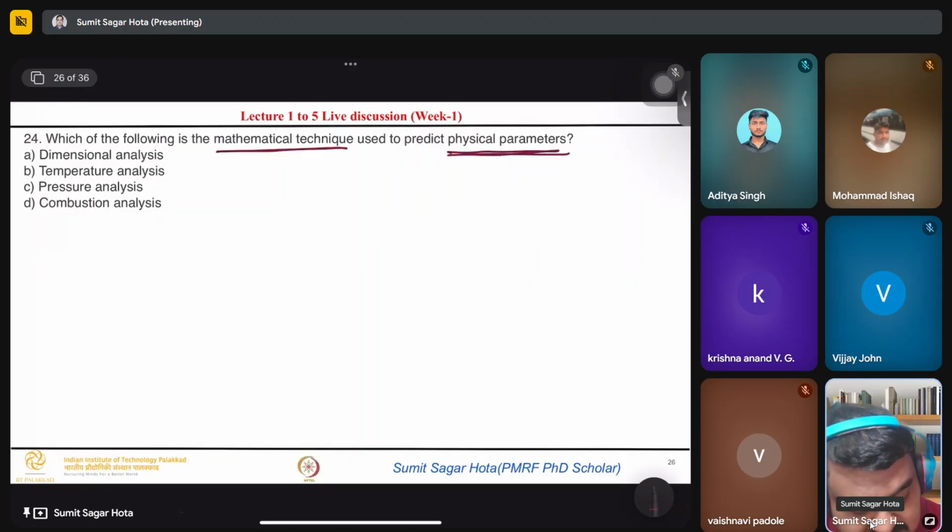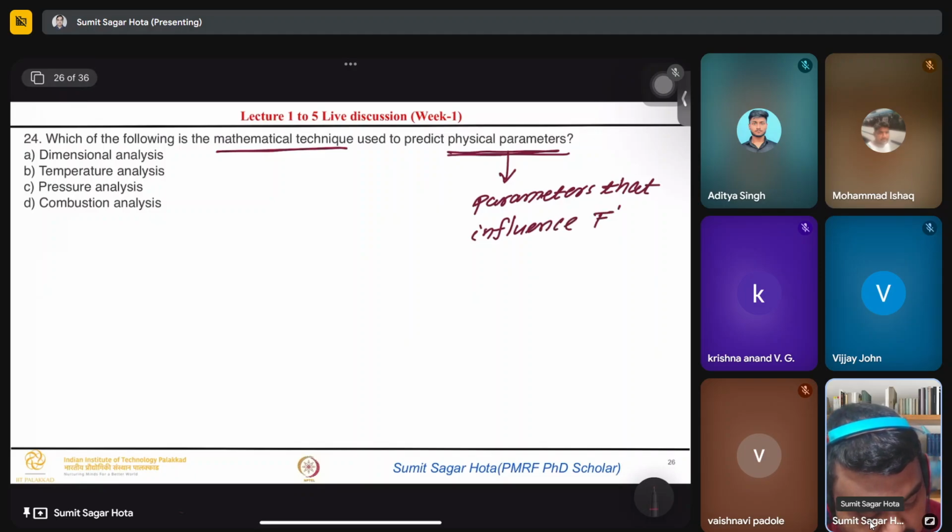So what does physical parameter mean? Physical parameters are parameters that influence fluid flow. For example, velocity. The velocity of the fluid is also an important parameter.